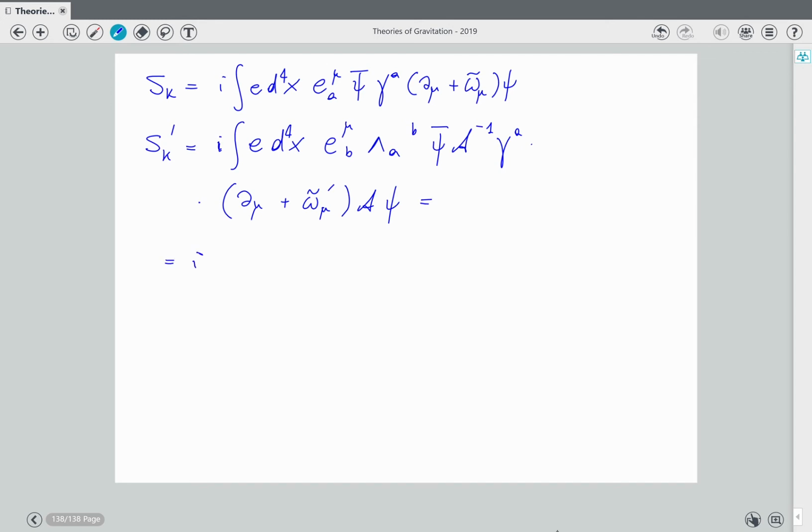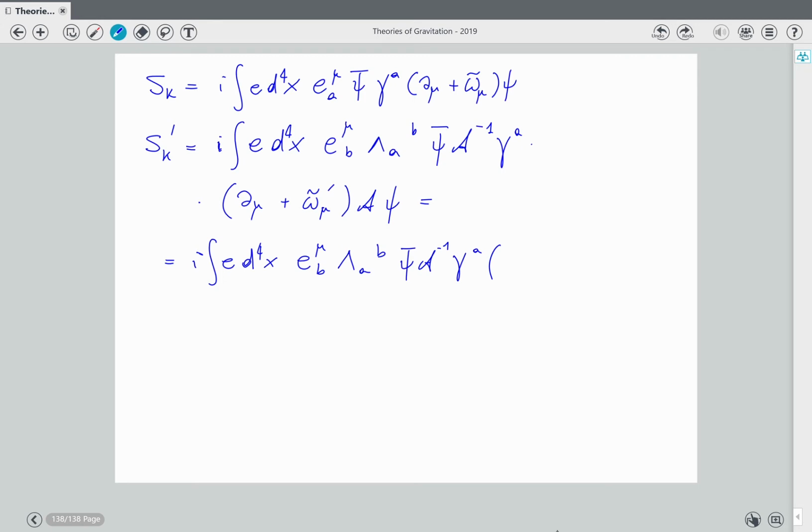Let's write it a little bit better. I integral of E d^4x E mu B lambda AB psi bar curly A gamma A. And then let me act by means of the partial derivative on A psi.